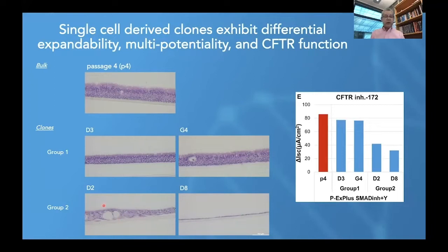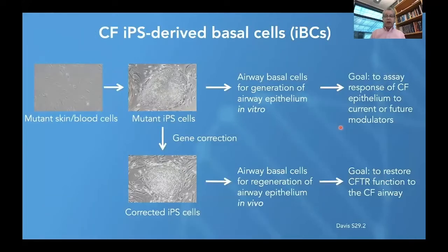And you see others here that are more heterogeneous in the level of differentiation, lower level. So our thought is that we would select for those clones that demonstrated this multipotential differentiation and CFTR function, and those would be the ones that could potentially be used for therapeutic purposes.